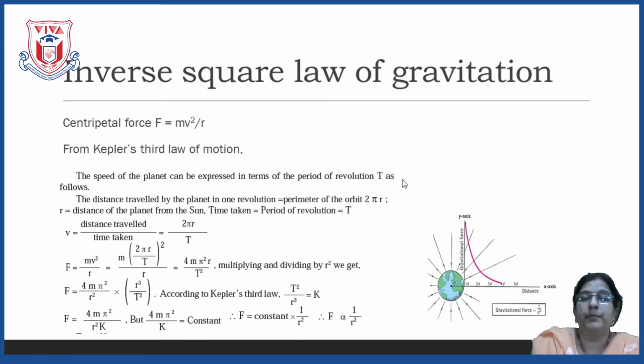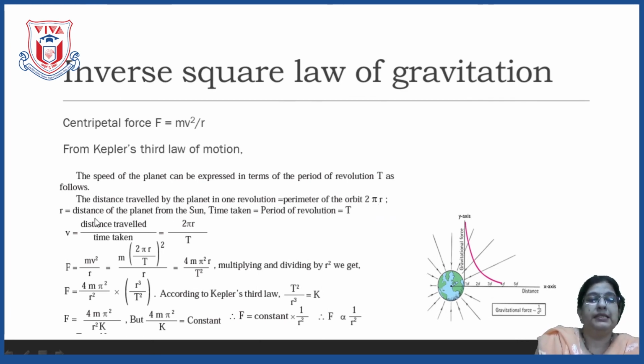You all must be remembering, it is a mathematical formula. The formula to find the perimeter, that is the circumference of the circle, is 2 pi r. The perimeter of this orbit is the circumference and its formula is 2 pi r.